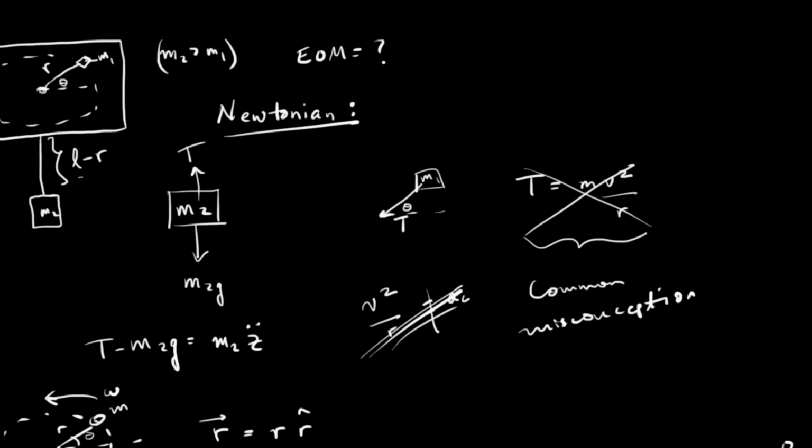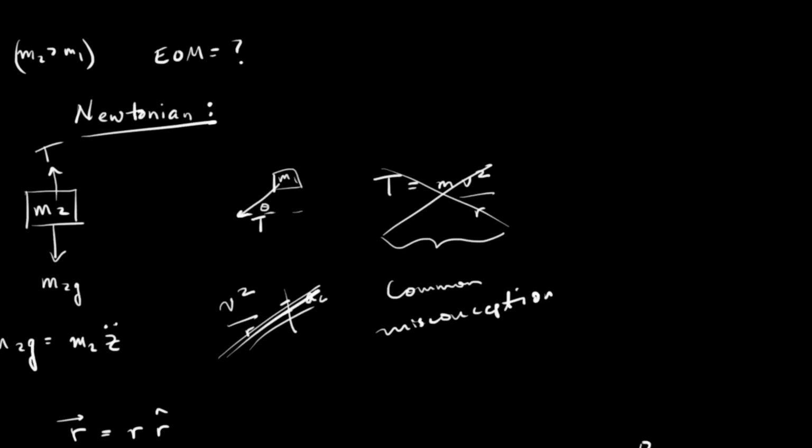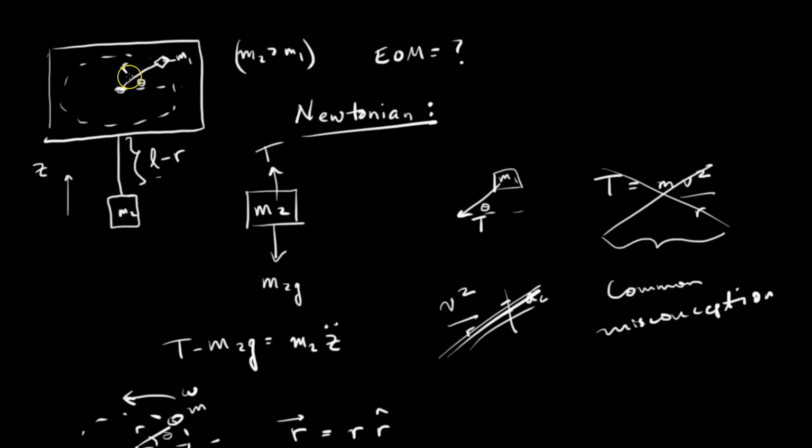So, Newton says we sum the tension in the radial direction, right? So what is this going to look like? It's going to be tension equals m1 R double dot. Oh, actually, tension is in the negative direction, right?